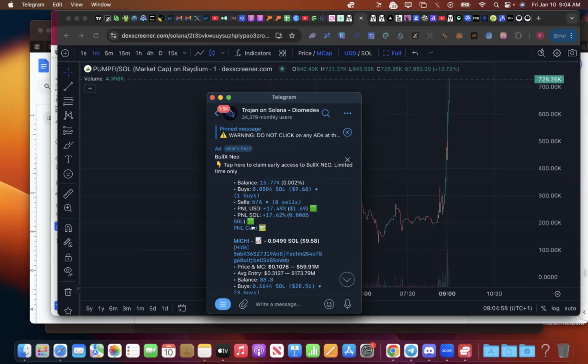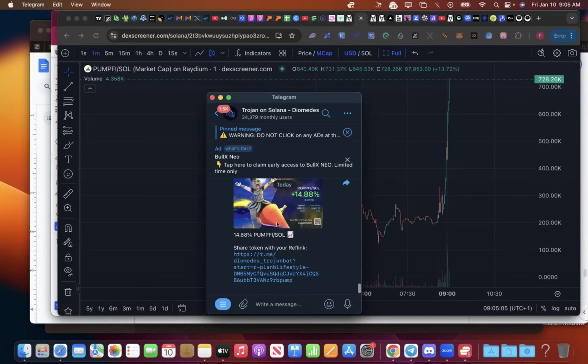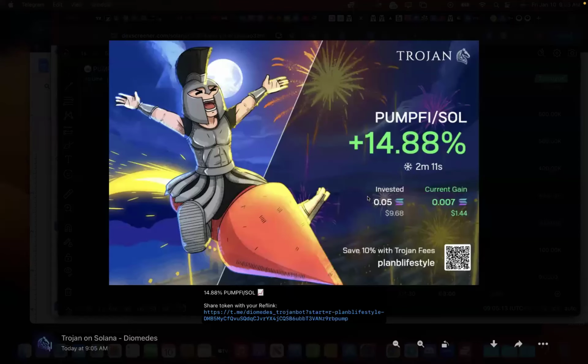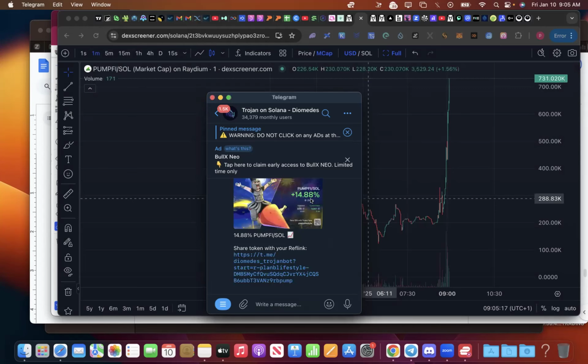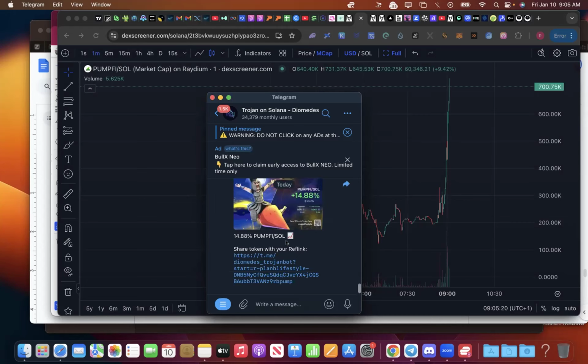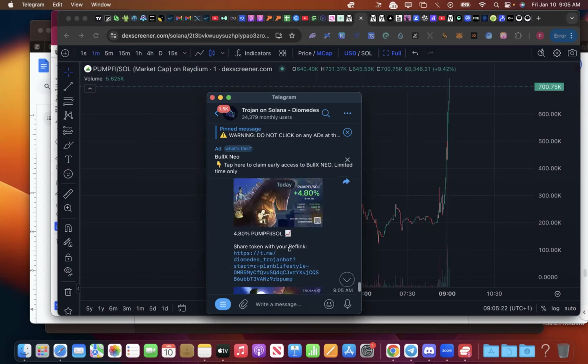Okay, all right, so let's go there. Okay, it has dropped to 14%. It has dropped to 14%. So this is how it works, look at it. If I want to sell, I'm just giving you an example of how this works. I can sell it manually.